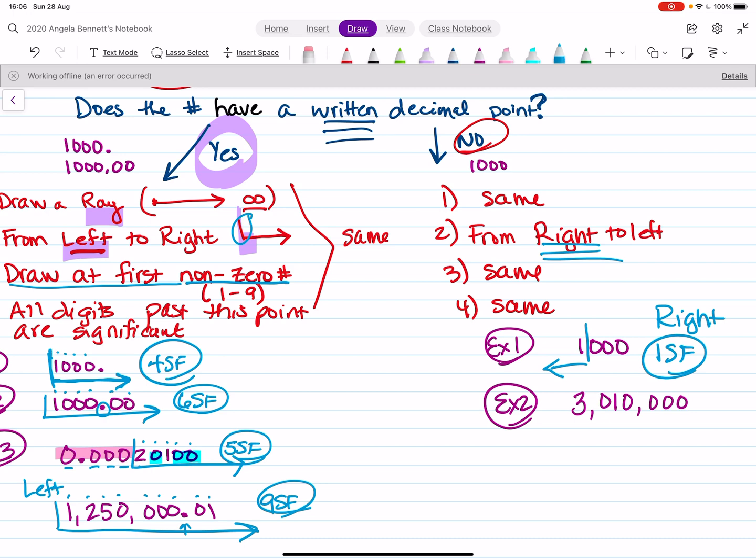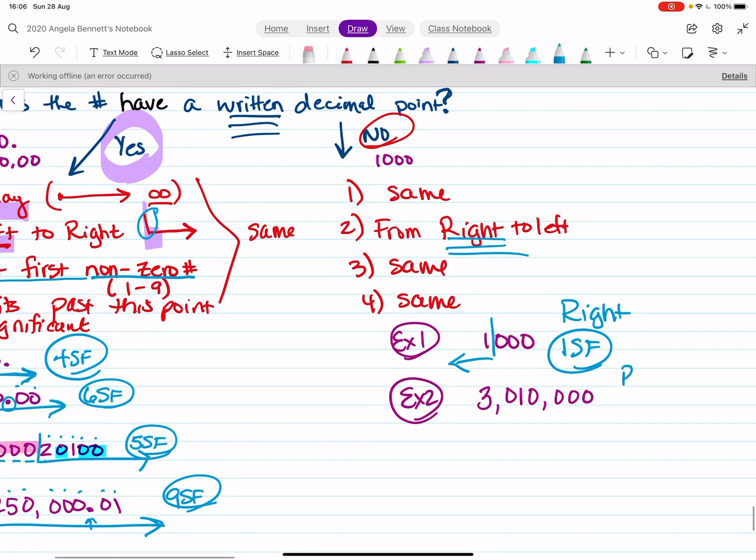So when there's no decimal point, I start on the right-hand side and I go from right to left. The first 4 digits I encounter are 0. So the first time I encounter a number that's not 0 is the 1. So I mark it off, draw my ray from right to left, and then I count my digits. There are 3 sig figs.